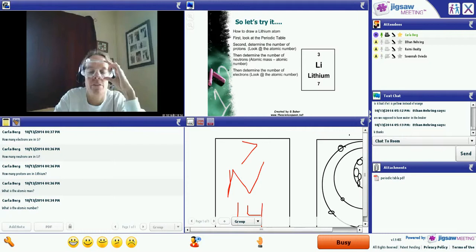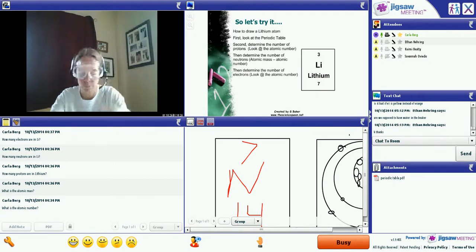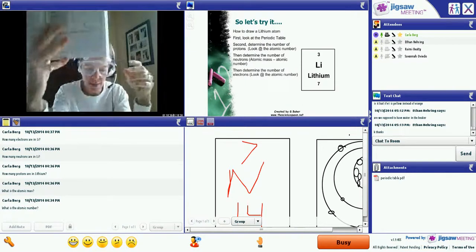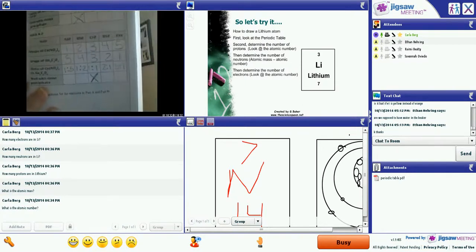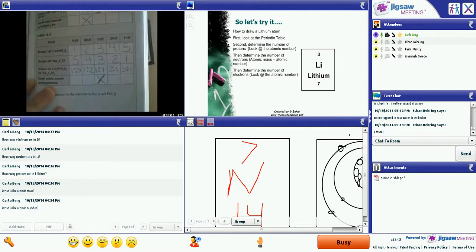Okay, and what do you have for the most precipitate in yours? Very good. That is the same thing that I got. There is my data table.